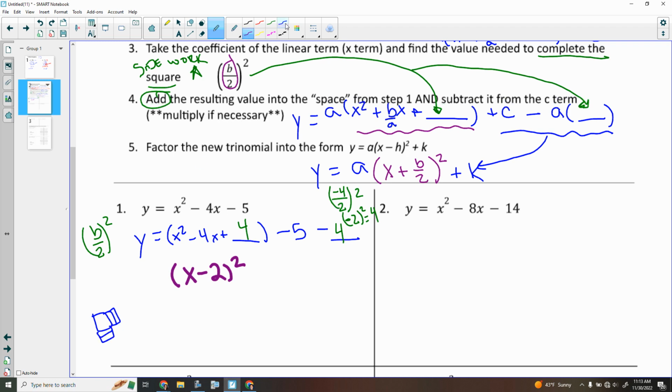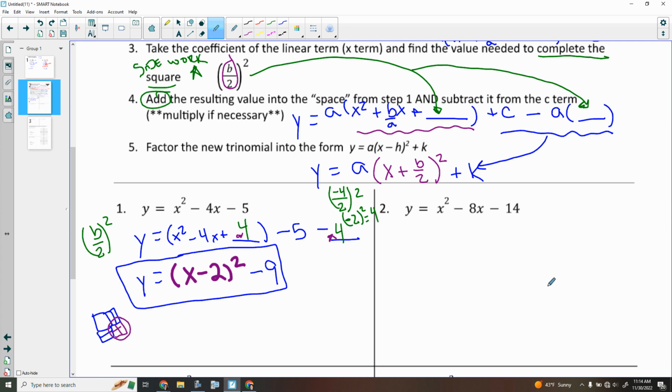And then what is it that I needed to add to make this a perfect square? And that's where those 4 are coming from that we're getting here and here. Okay? All right, so continuing this, we still need to do what is -5 minus 4, and that is -9. So y equals x squared minus 4x minus 5 in vertex form is y equals the quantity x minus 2 squared minus 9.